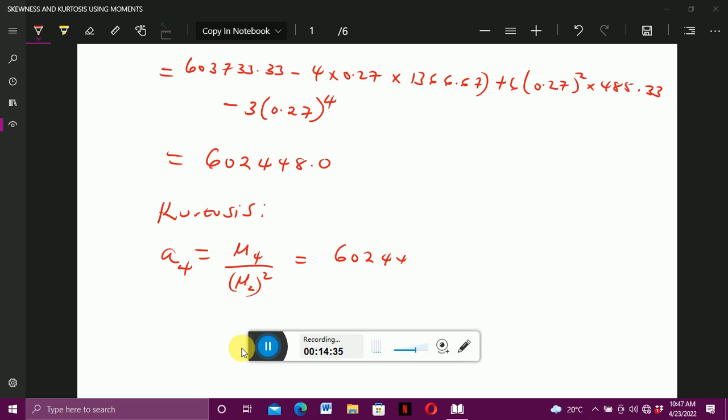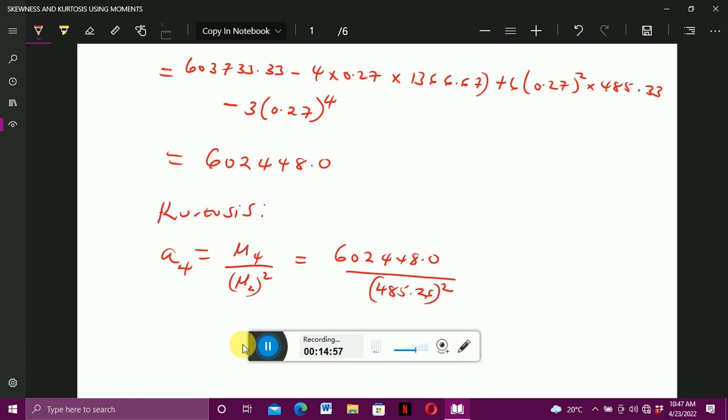Okay, we have 602,448.0 divided by 485.26, and that is squared.